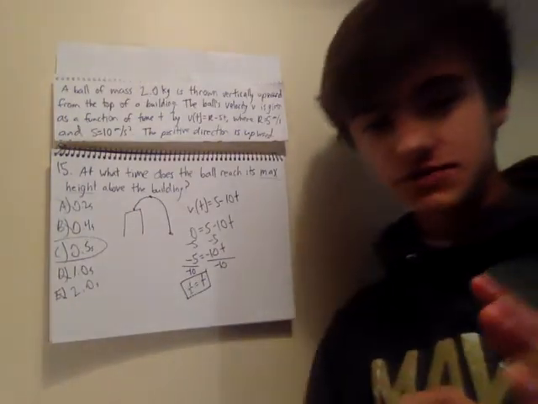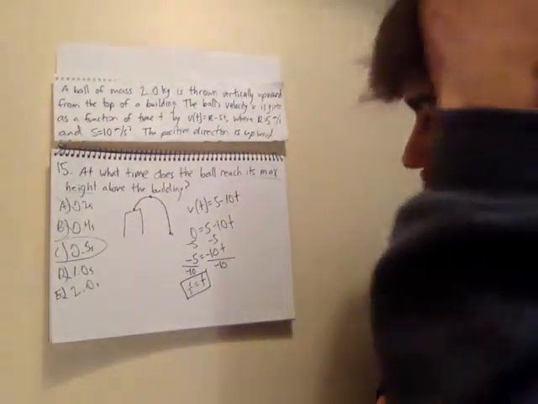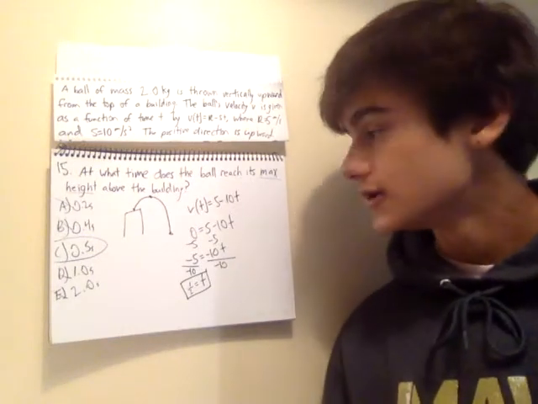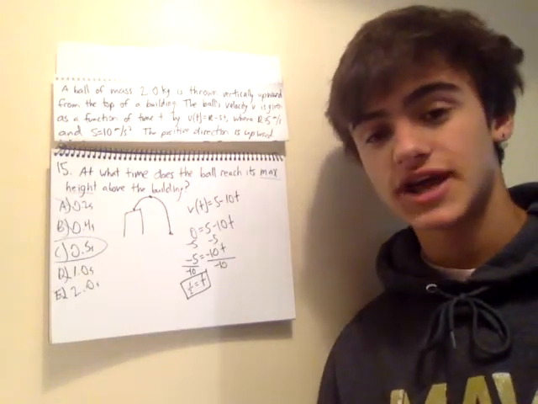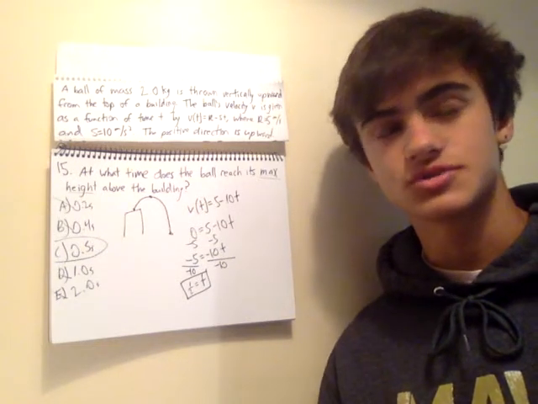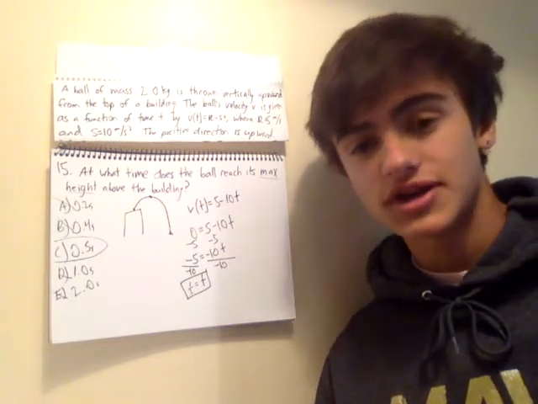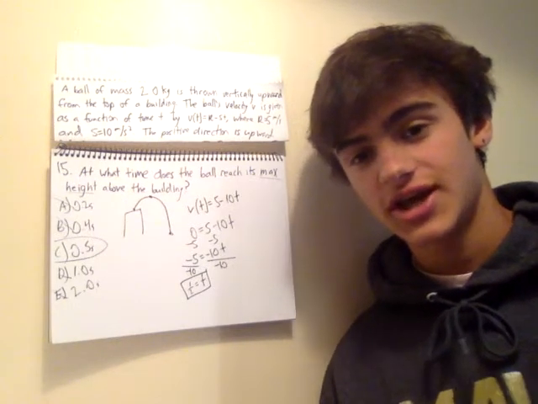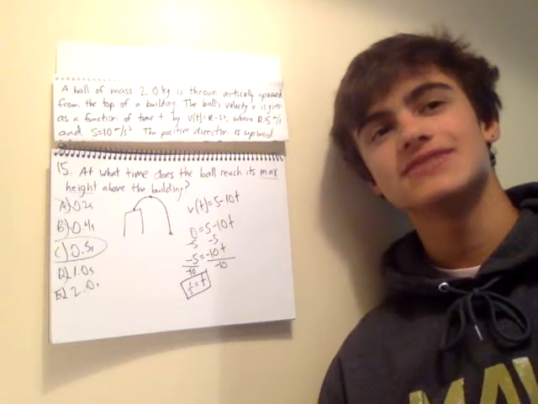So it's a very simple problem, but the trick to this one is knowing that at the top of a projectile's flight, it has a y velocity of 0, because at that moment it's been decelerating, and just for an instant it isn't moving up or down.